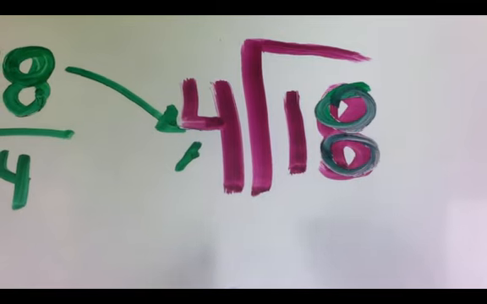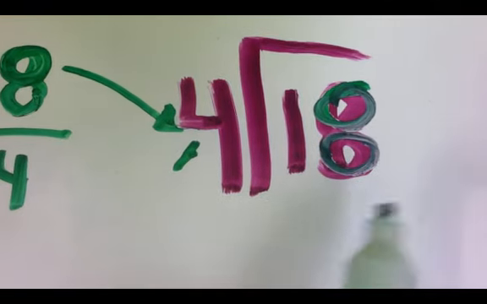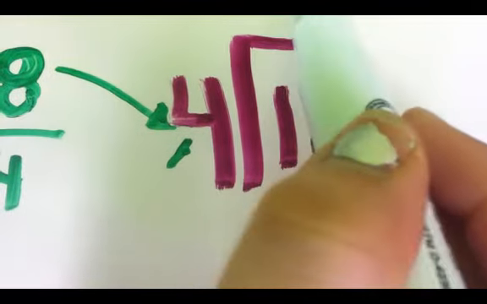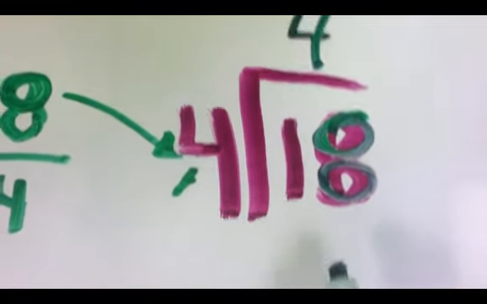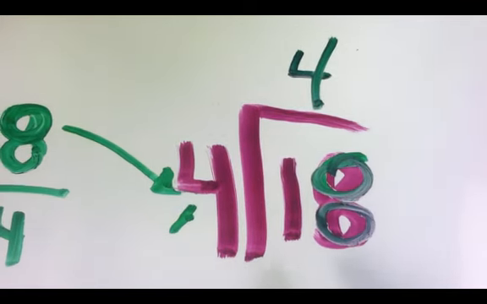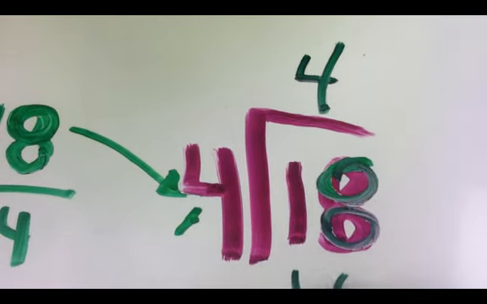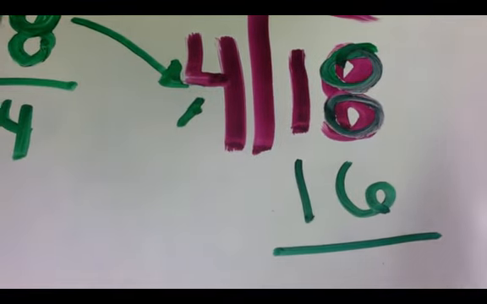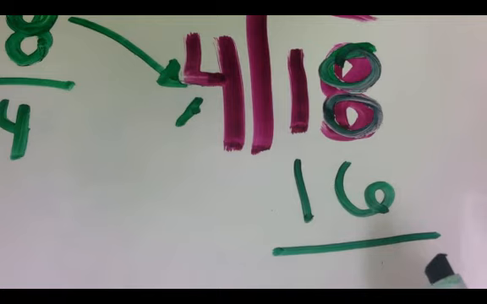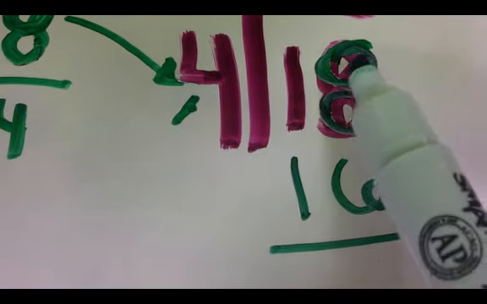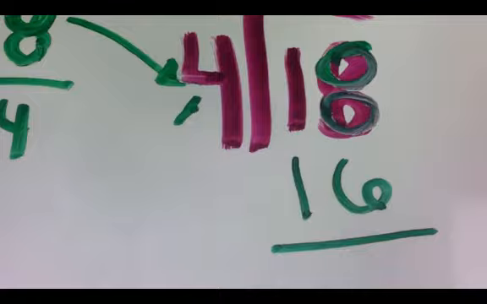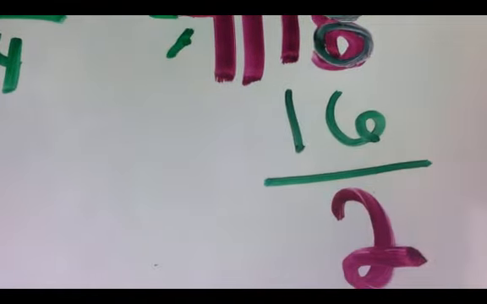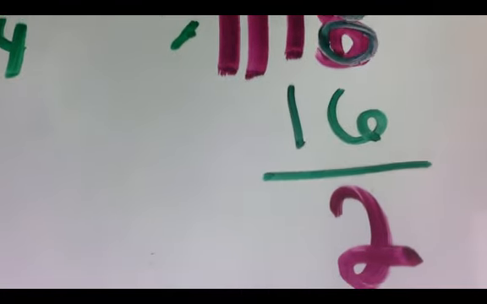So, how many times does 4 go into 18? 4 times. Right. And then, what's 4 times 4? 16. Now what do we do? You subtract 8 from 6, right? Mm-hmm. What's 8 minus 6? Go ahead and write it. So 2. We have 2 remaining.